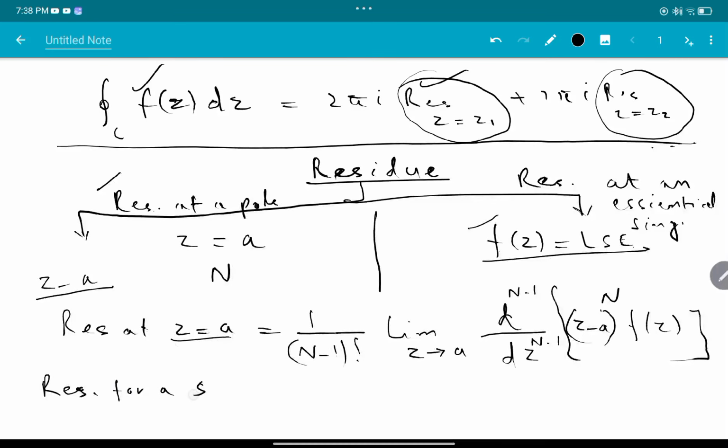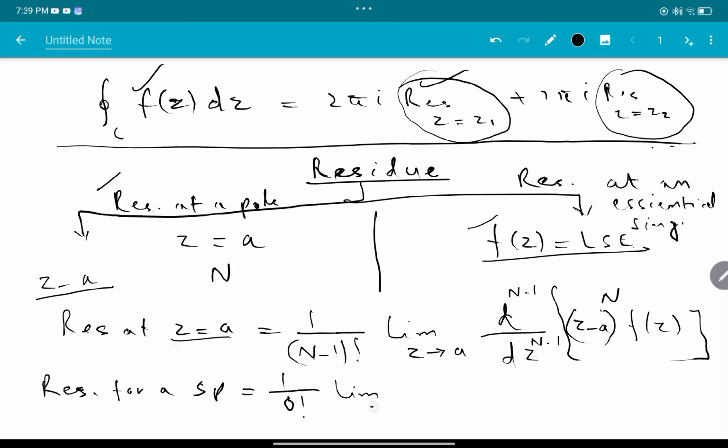So I will write the residue for a simple pole: simple pole means order is 1, so 1 minus 1 is 0 factorial, which is 1. It is an interesting thing, 0 factorial equals 1. Now the limit as z tends to a.